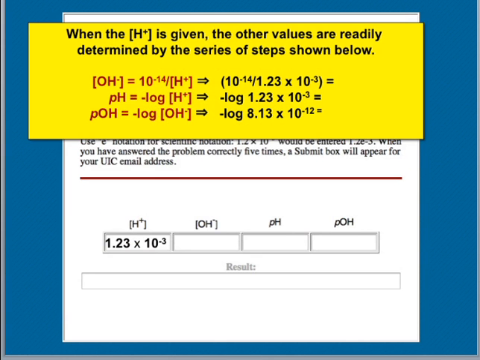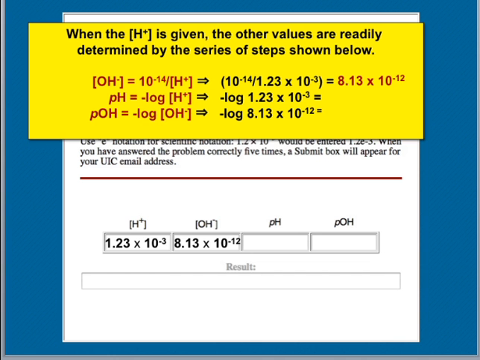All right, hydroxide, 10 to the minus 14 divided by hydronium gives us 8.1 times 10 to the minus 12. That's that. Our second one, we have hydronium.